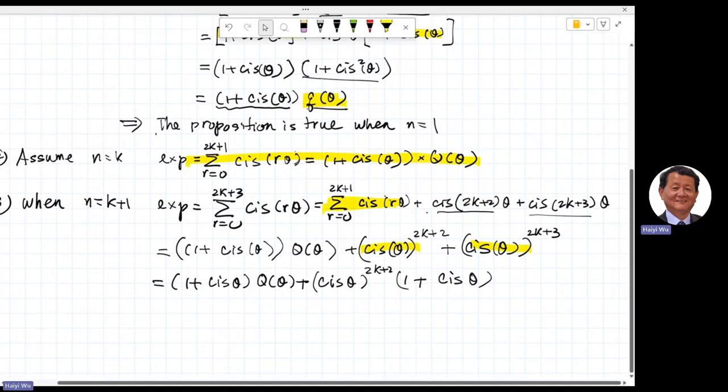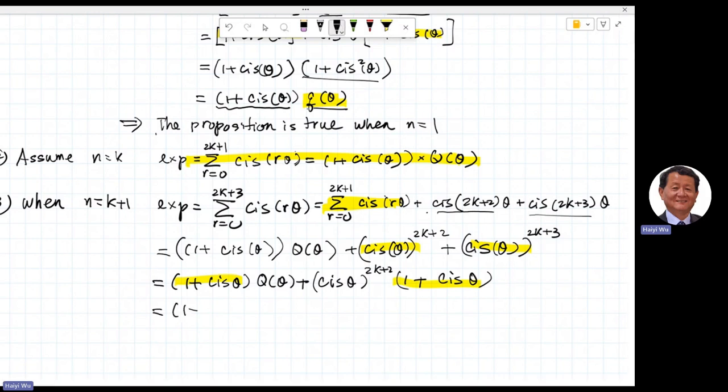All right, now we can see this is the common factor. I can take this common factor out: 1 plus cis theta times Q theta plus cis 2k plus 2 theta, in brackets.